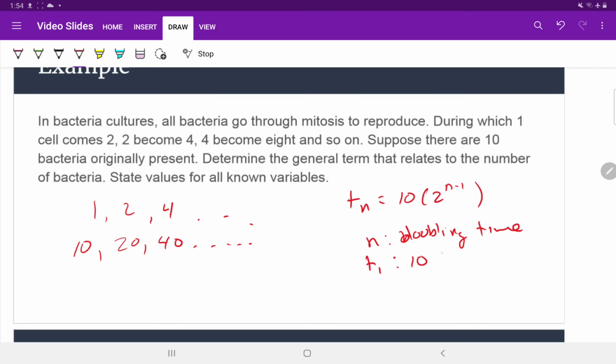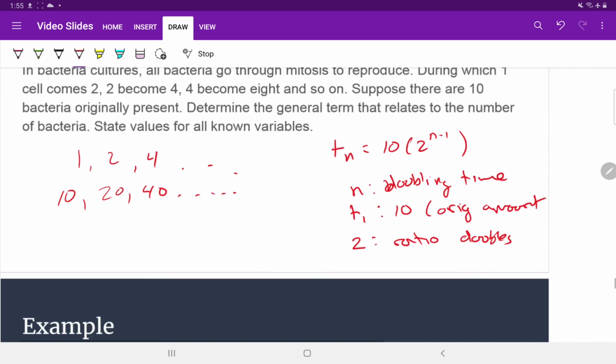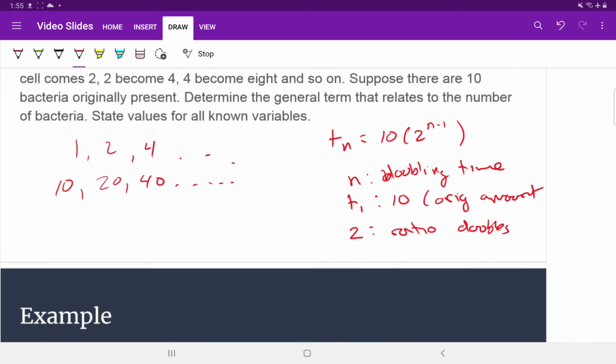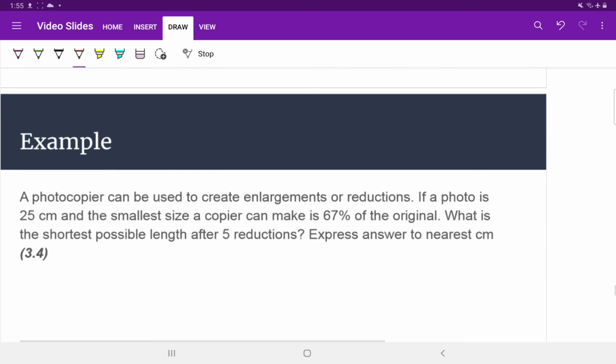T1 is going to be 10, and that's the original amount, and 2 is our ratio because it doubles. And that would be it. So if I wanted to figure out how many there are after, let's say it takes a day to double, then this is day 1, this is day 2, and so on. Then I could ask, on day 50, how many bacteria are there? But that was a pretty straightforward question.